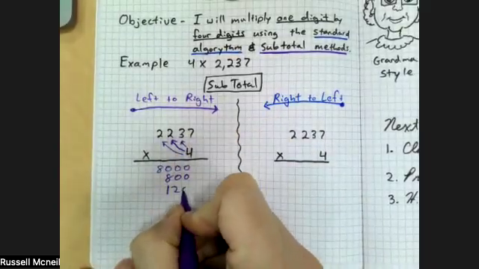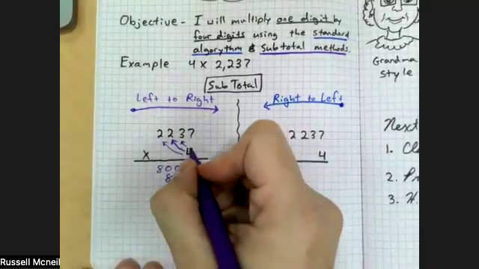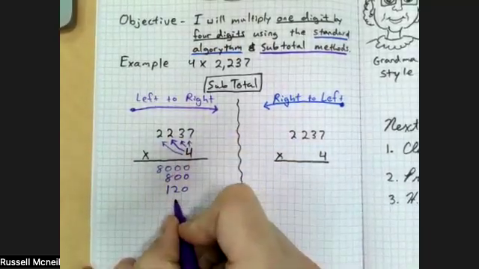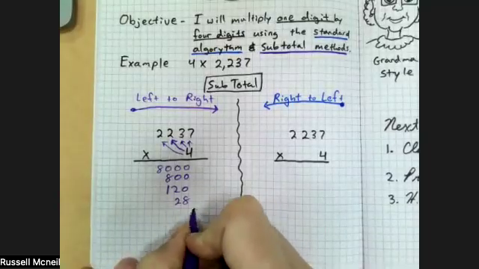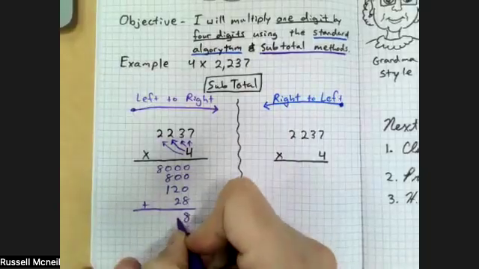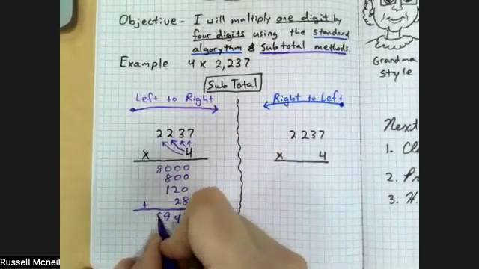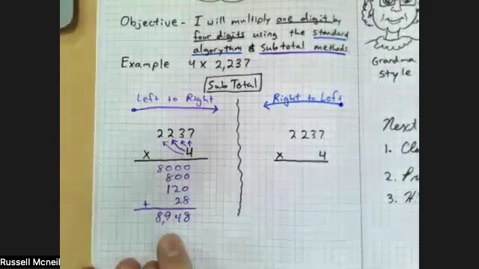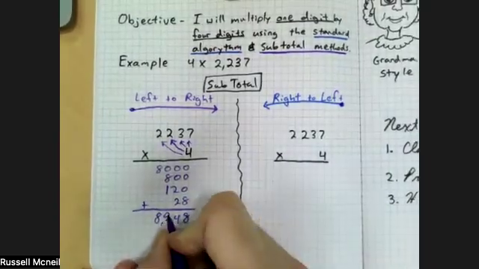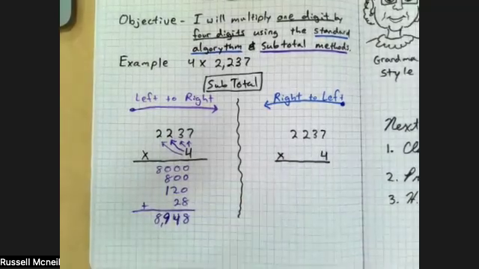So we get 120. And the last bit, 4 times 7, we end up with 28. Let's add them up. We get 8, we get 4, we get 9, we get 8. So our answer should be 8,948. It's a little sloppy. Hopefully yours is a little bit neater than mine.